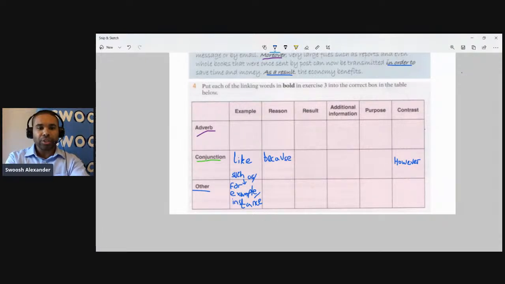Okay, and on to the next one. We've got moreover. So moreover is our adverb, and we use moreover for additional information. So we can put that just up here.